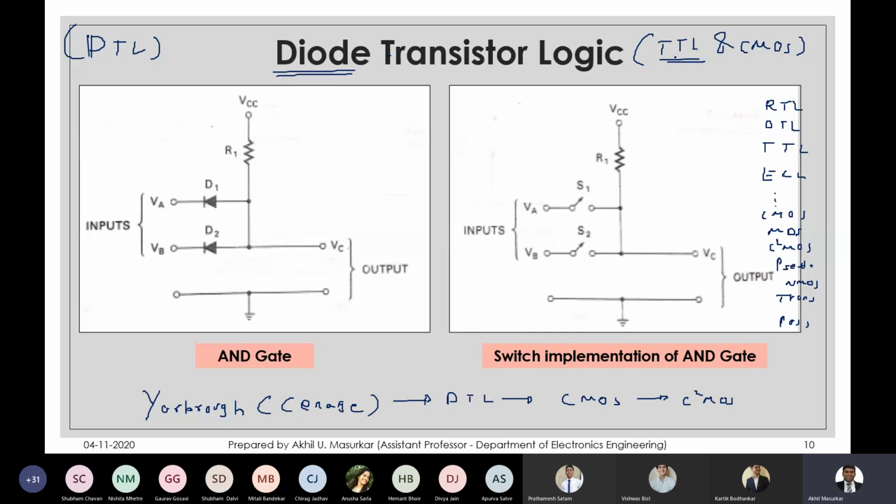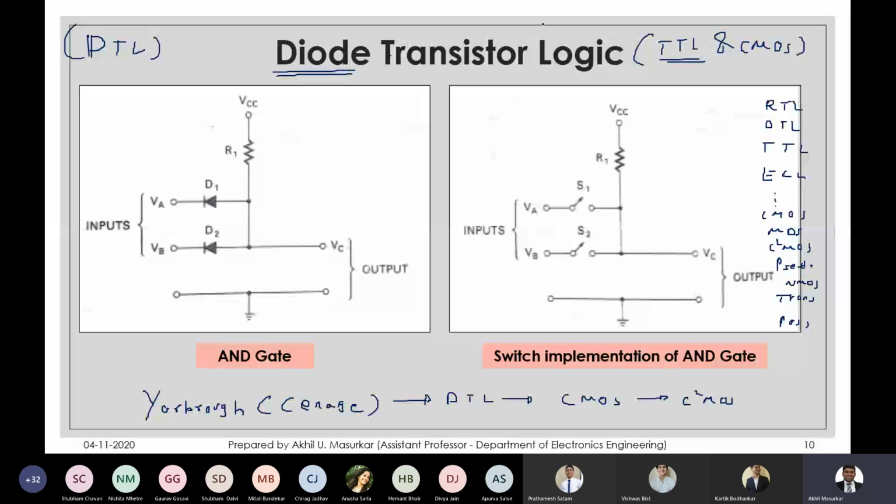TTL because TTL ICs are available in our lab and mostly available in the market very easily, and CMOS because the current technology is CMOS. Sometimes we need to interface the two together, since some part is good in TTL and some part is in CMOS, so we need to integrate both of them, and that is why we need to study both.